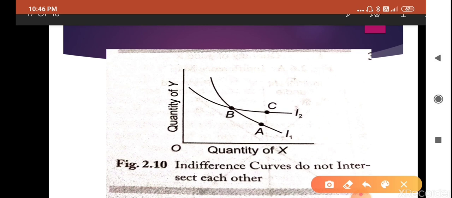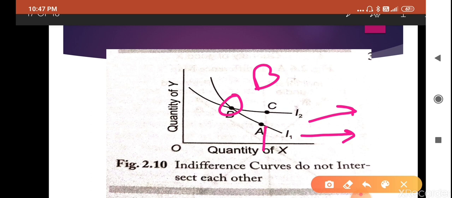So let me explain how it is possible. I have taken these two indifference curves I1 and I2, and these two are intersecting at point B, the intersection point of the indifference curves, and here we have point A and point C.